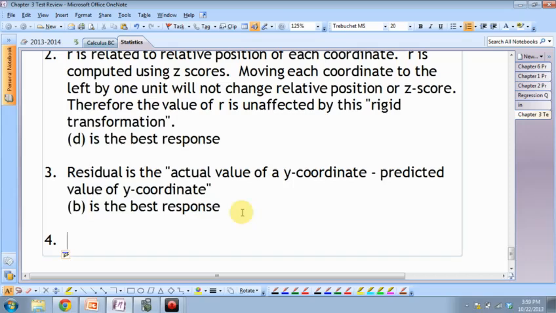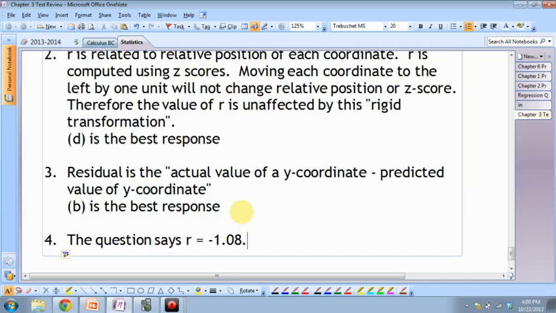So, a couple problems with this one. The question says R equals negative 1.08.